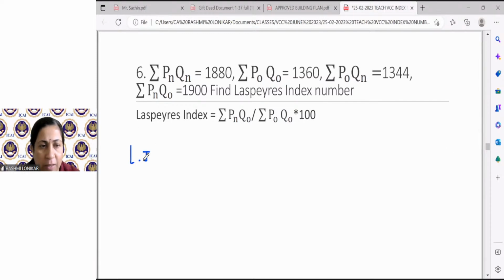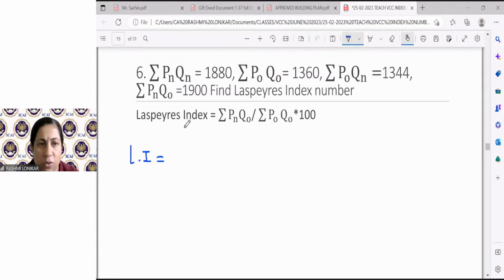So the last pair's index is equal to summation PnQ0 upon P0Q0, that is 1900 upon 1360 into 100. Okay.